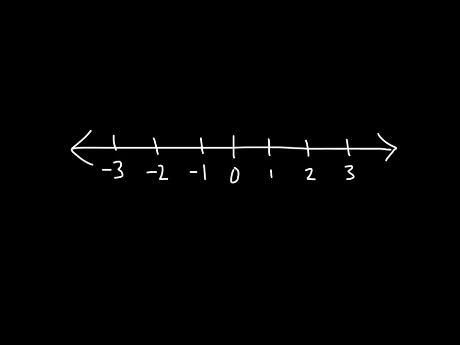So draw out a number line like this. We're going to represent the absolute value of -2. So the first thing you would do is you would plot your number on the number line. So I've got -2, and then the definition of absolute value is the distance between the number and 0 on a number line.